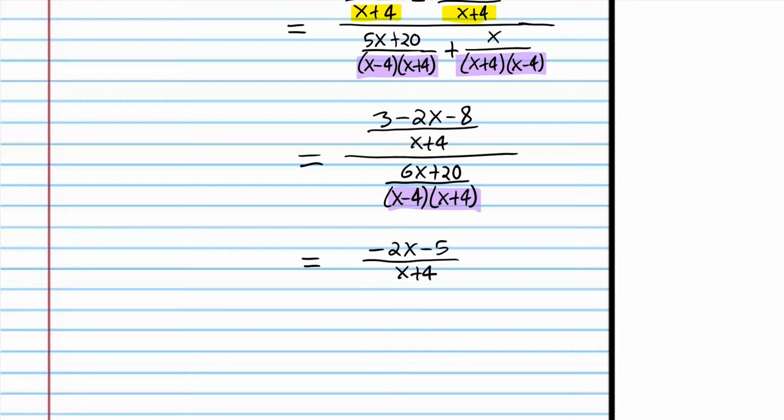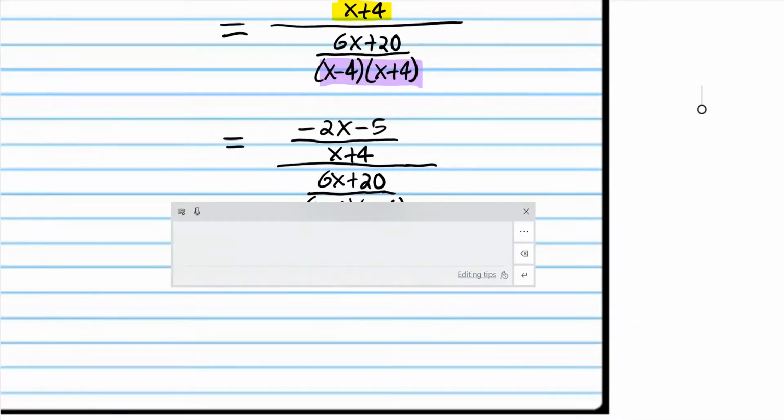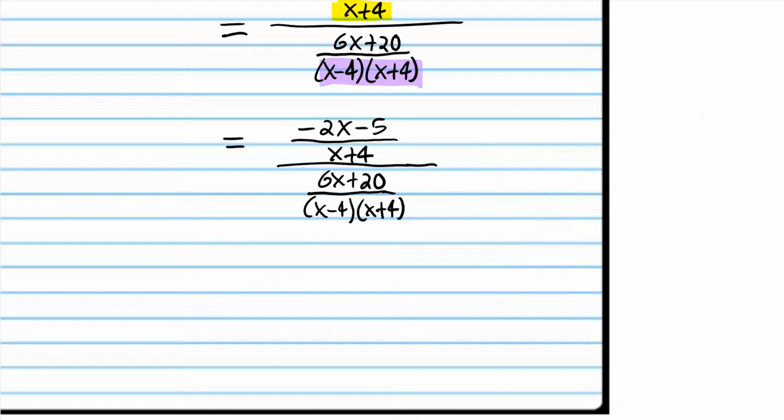I don't know why I keep writing parentheses there. All over 6x plus 20 over x minus 4 times x plus 4. And so now the fraction is a lot simpler.